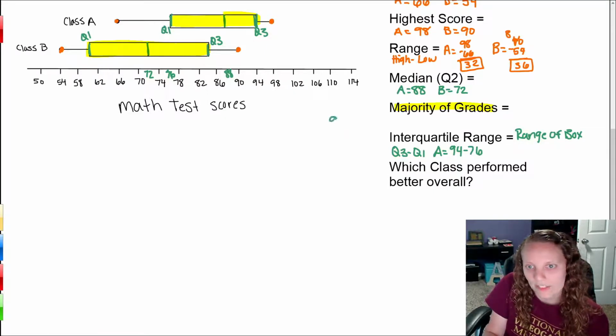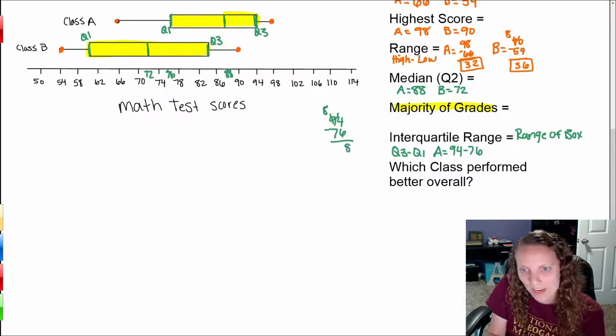I'm going to come out to the side and do it here. So 94 minus 76 is, let's see, let's borrow: 14 minus 6 is 8. 8 minus 7 is 1. So that would be equal to 18.